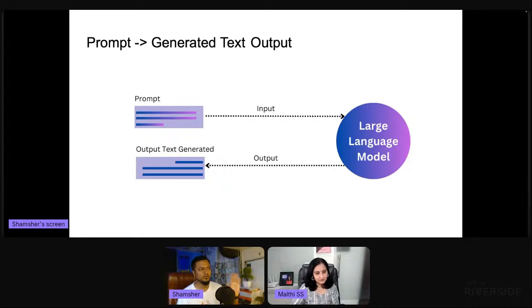So you give it a prompt as an input. It goes to the LLM and then it generates some text as an output, right? So input, process, output. That's the whole idea of any system that involves hardware and computers, right? So you give it an input as a prompt, the LLM processes it, and then it gives you output as generated text, right?